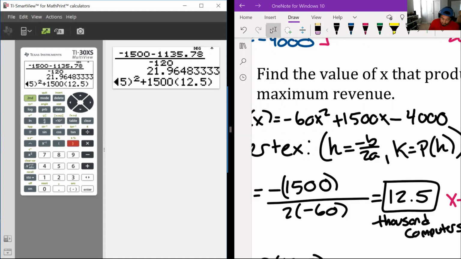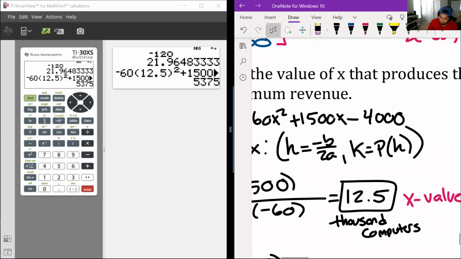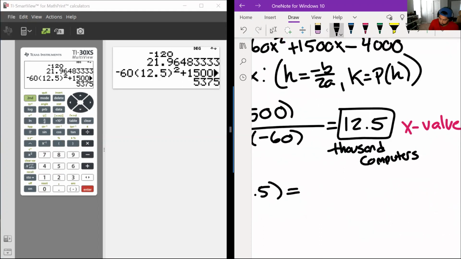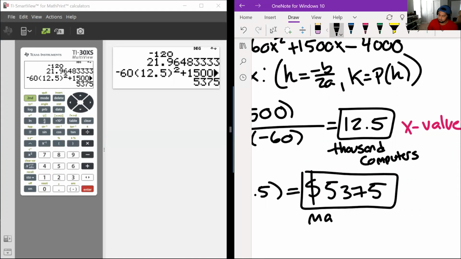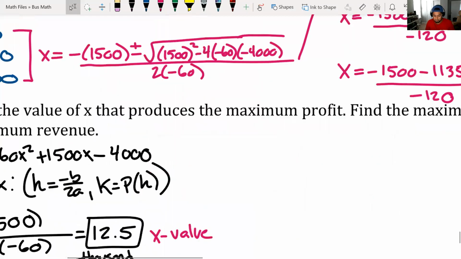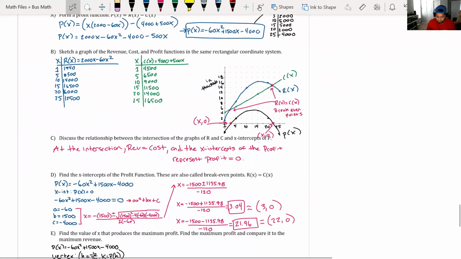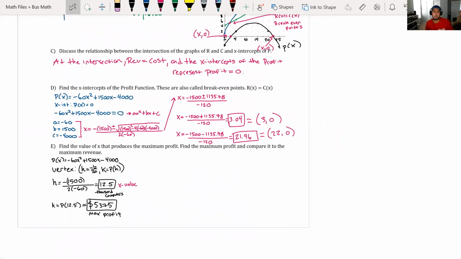Don't forget any zeros, minus 4,000. 5375. Max profit in thousands? Yep, thousands of dollars. Max profit in thousands, just as long as you understand that.